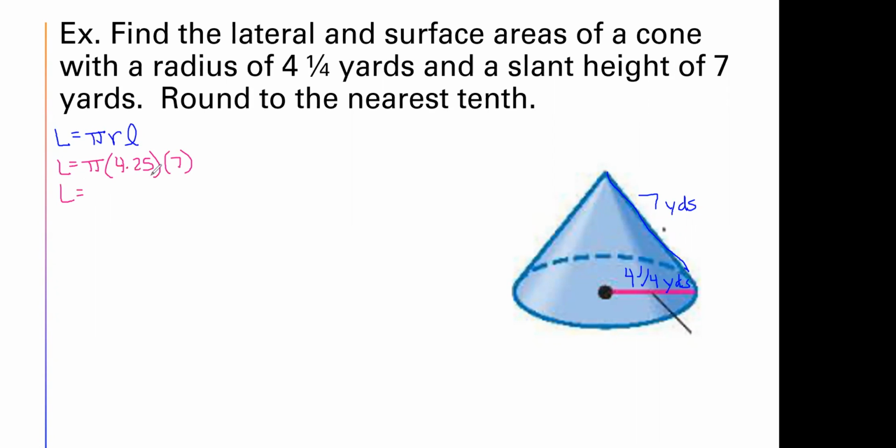I multiply 4.25 times 7, and I get 29.75, and I'm going to multiply that by pi. I'm typing that into a calculator, and I get 93.4600. It says to round to the nearest tenth. So I have a 6 in my hundredths place, so that's going to bump up my 4 to a 5. And these are yards squared.